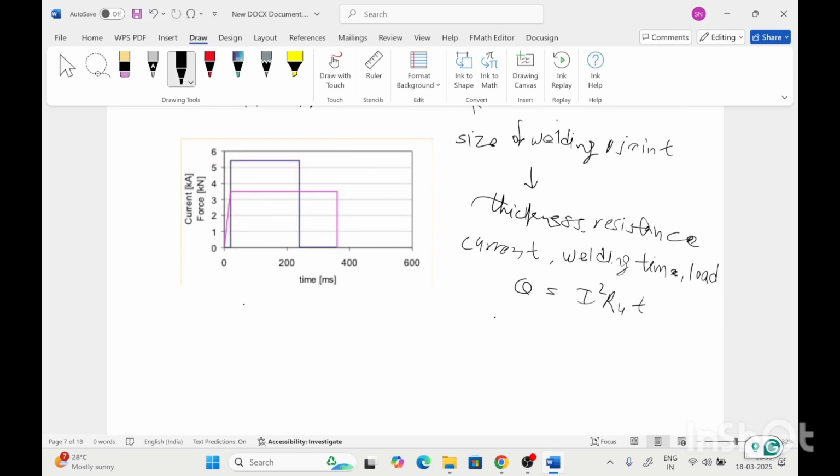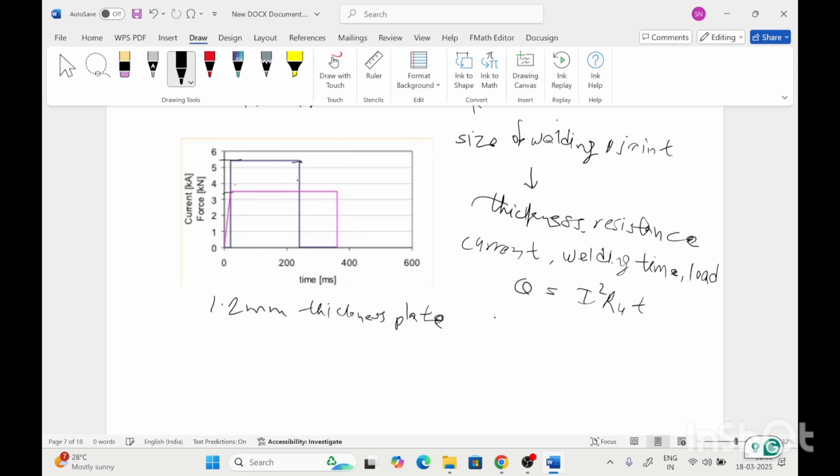For a 1.2 mm thickness plate, the current applied is around 5.5 kiloampere and the force is 3.5. First the force is increased and the current of 5.5 kiloampere is applied for a time.